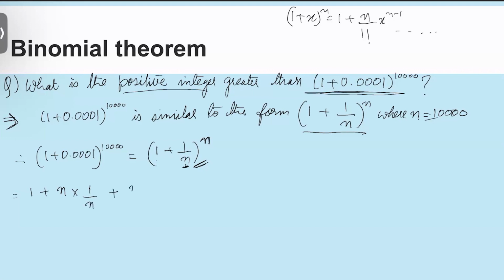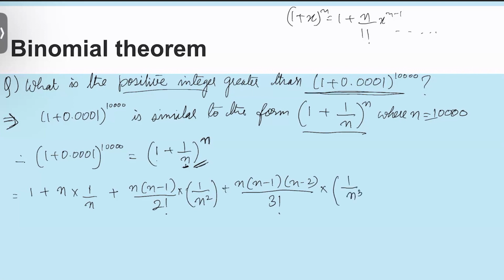Then the next term would be n minus 1 upon 2 factorial, and this will be b squared, so 1 upon n squared. Then the next one would be n minus 1, n minus 2 upon 3 factorial, and you will get 1 upon n cubed, and then plus and so on. Now if you evaluate this, this n and this n get cancelled out, and over here also one n gets cancelled out.